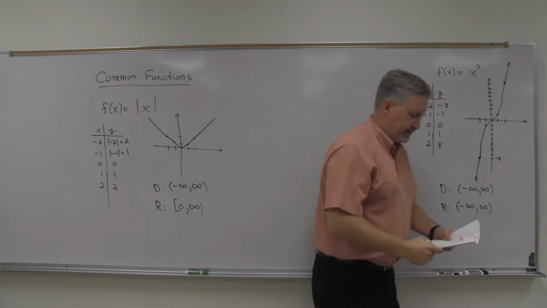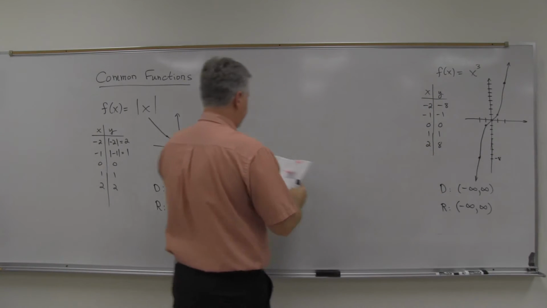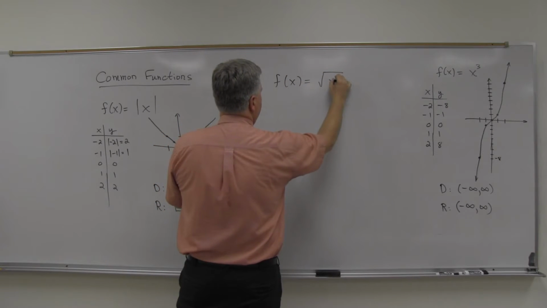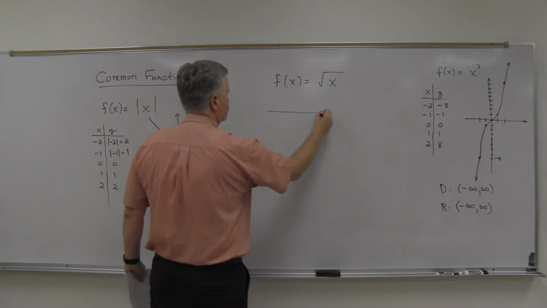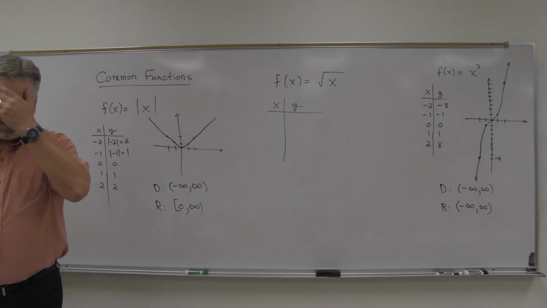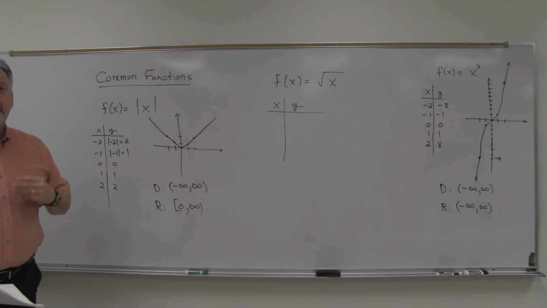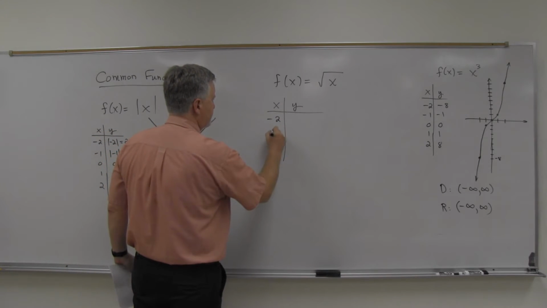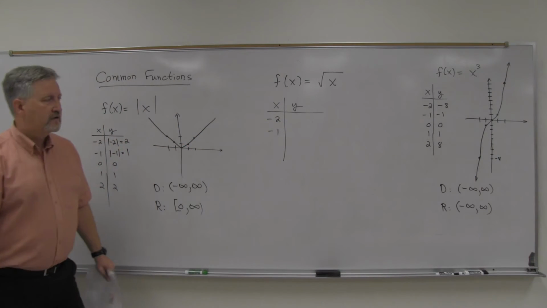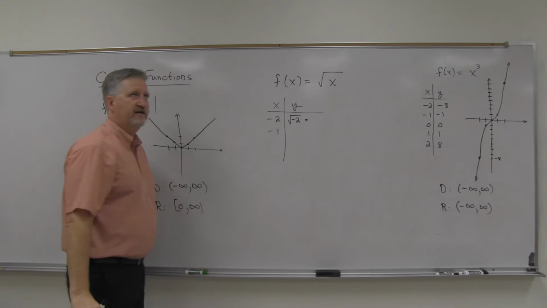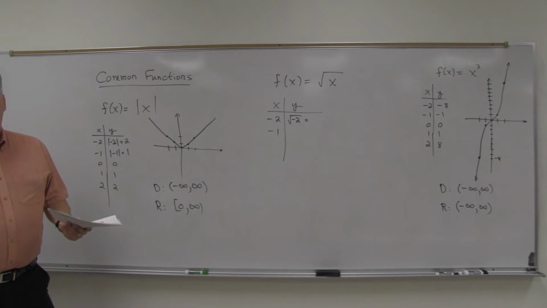And then one more that we'll utilize here. f of x equals the square root of x. All right, so this is the first one of these common functions where we have to be selective for x's, because if I do my -2, -1, 0, when I plug those in, the square root of -2, I can say that it's an i thing, but we're graphing.